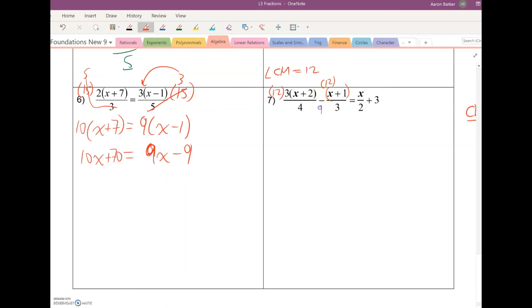Okay, so we've got to watch out for that negative sign. Multiply this one by 12, and also the 3s multiplied by 12. All right, so 12 and 4 cancels to 3, so we get 9 times x plus 2. And then 12 and 3 cancels to 4, so it's negative 4 times x plus 1.